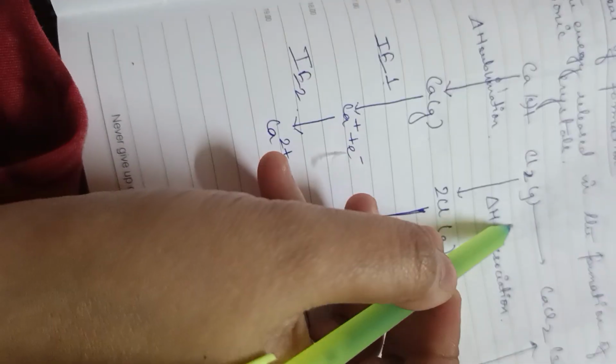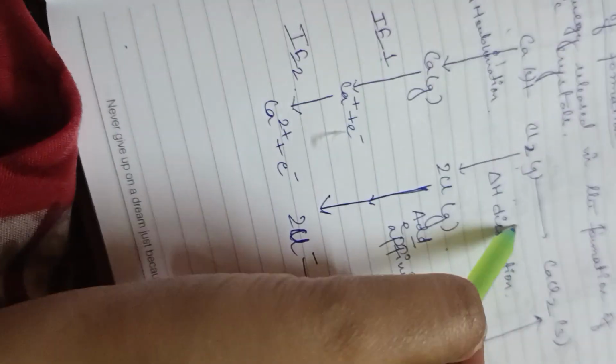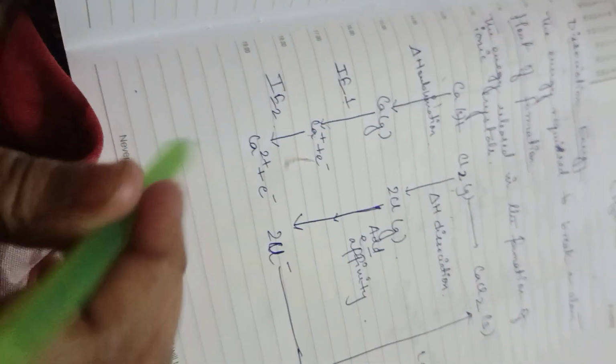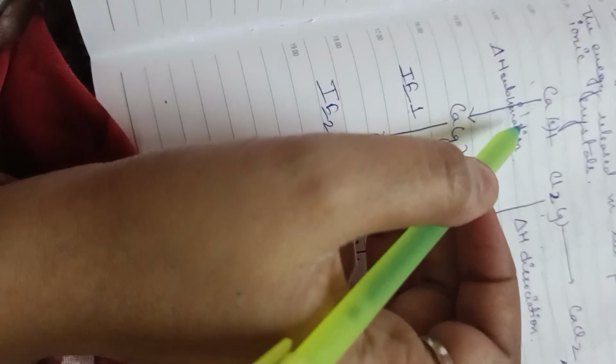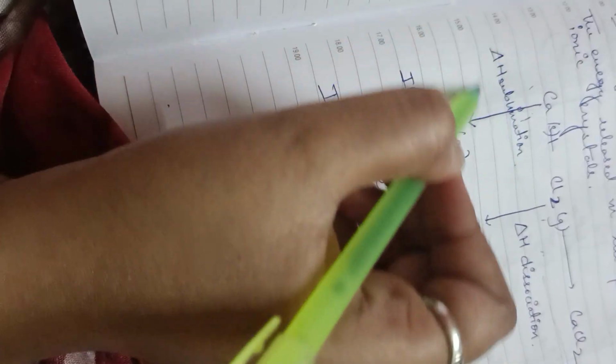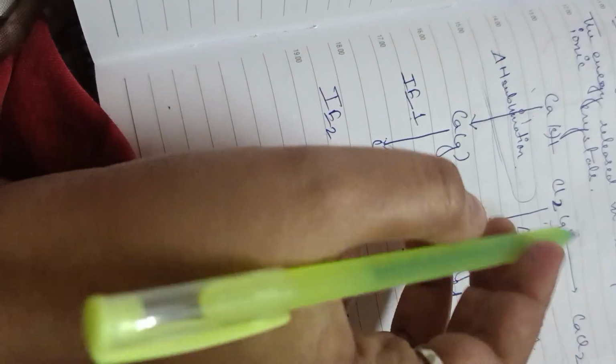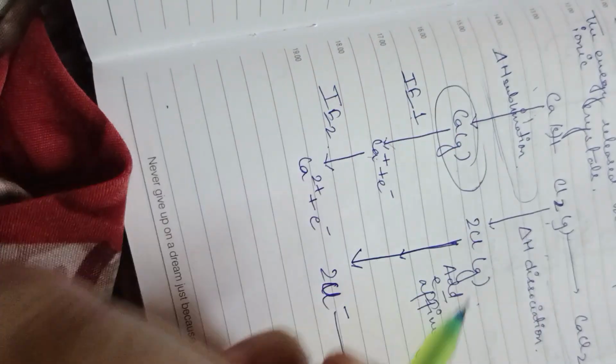So now we are forming CaCl2 from Ca and Cl2 reacting to form CaCl2. How will you do this one? See, for Ca solid, delta H sublimation we are doing, so we are getting Ca gaseous.